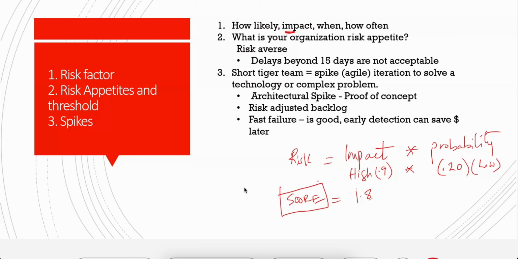When you multiply this, you get a score. So let's say you're trying to solicit a solution from outside, getting a third-party solution provider, and you go through the procurement process and start scoring them based on their evaluation. You come up with a score of 90%.